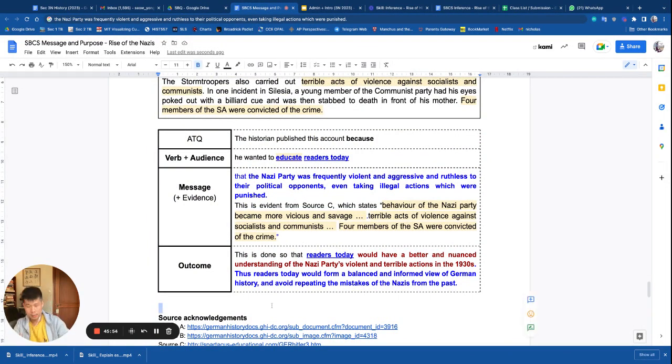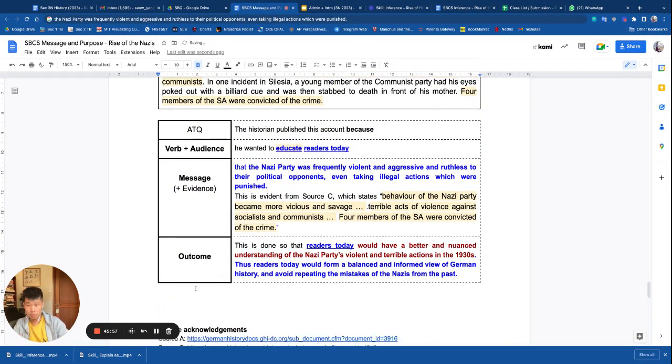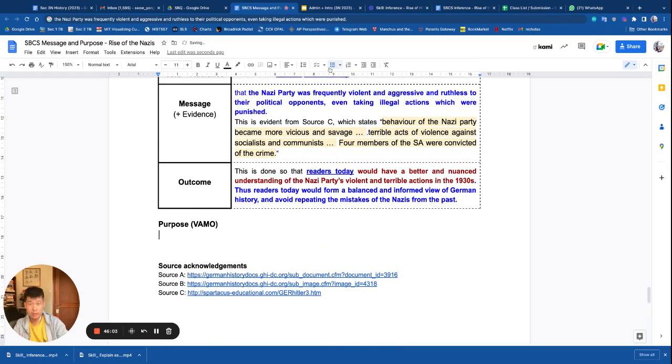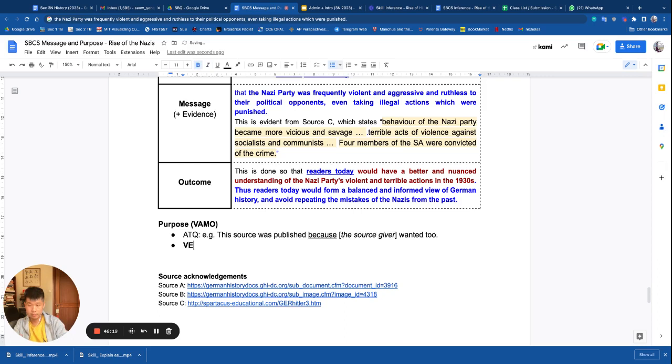To recap the purpose lesson, you must know the steps we call VAMO. We start with: this source was published because the source giver wanted to, and then we start with verb, right?